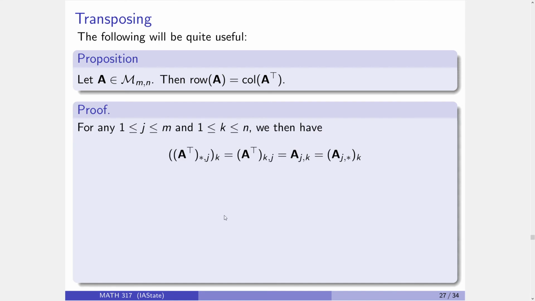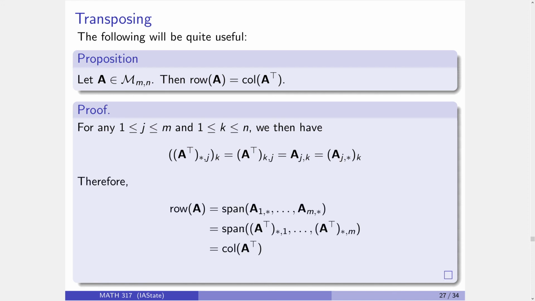It's super easy to prove this, because if we look at the jth column of the transpose of your matrix, the kth entry of that is the kth entry of the jth row. So all of the elements of the row space, which are the rows of your matrix A, each one is just a column of the transpose.